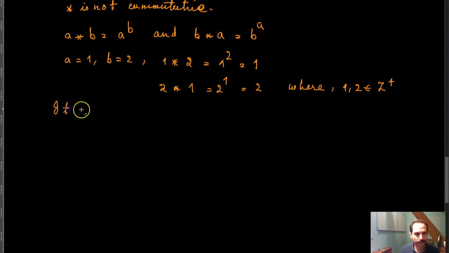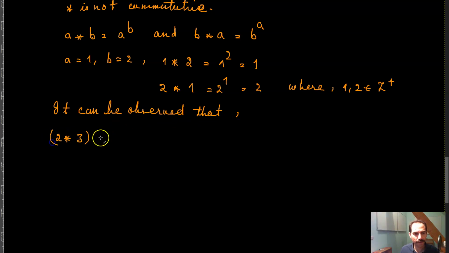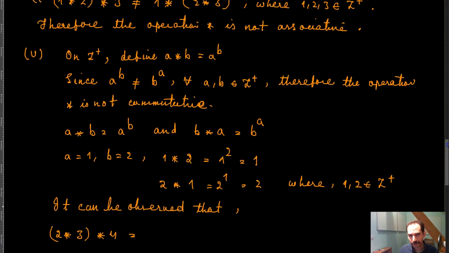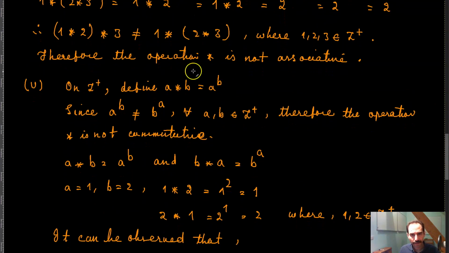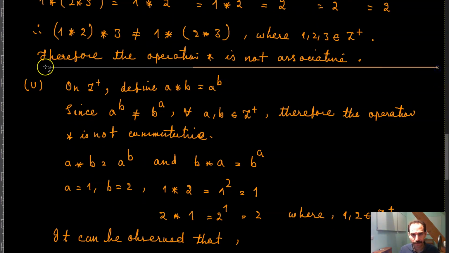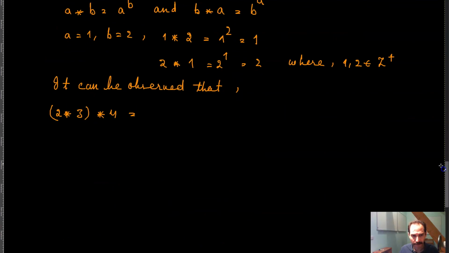So it can be observed that 2 star 3 star 4 is equal to, well, we said that a star b is equal to a raised to the power b.